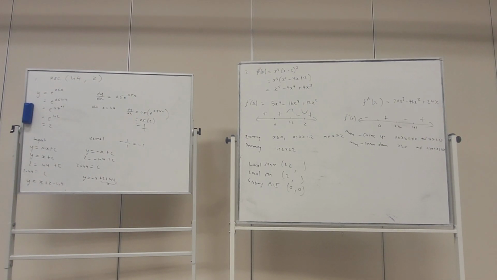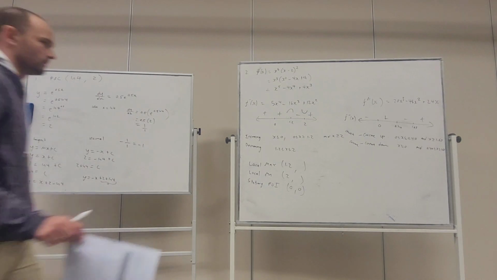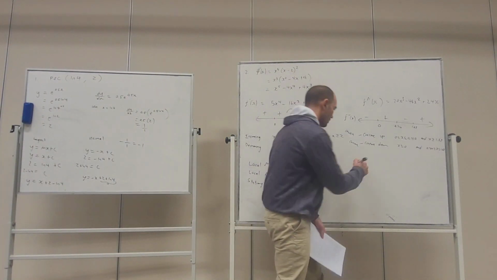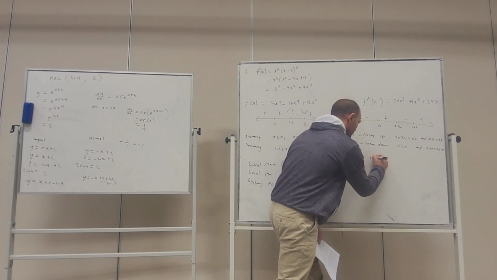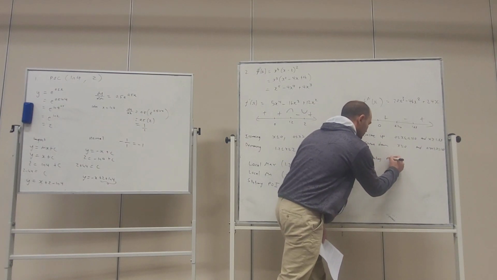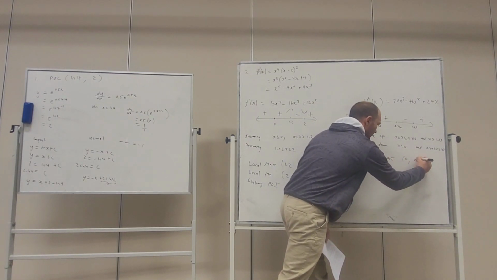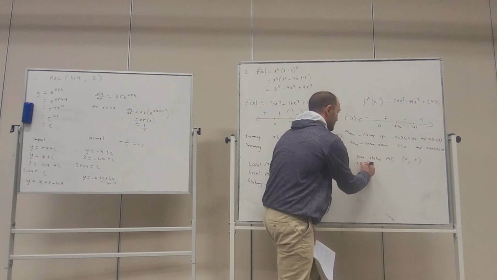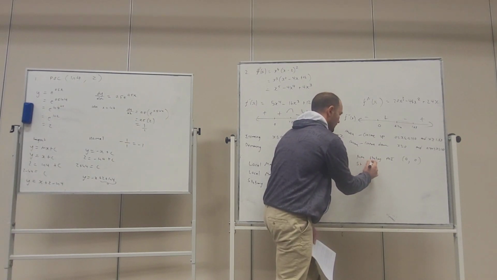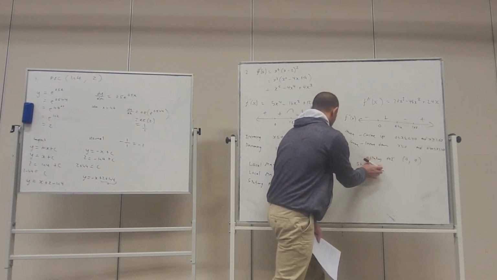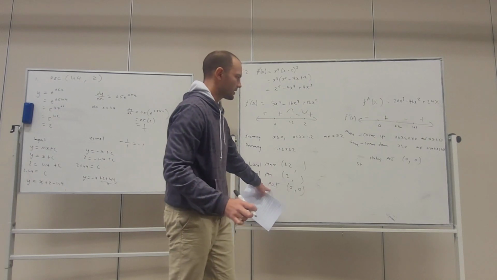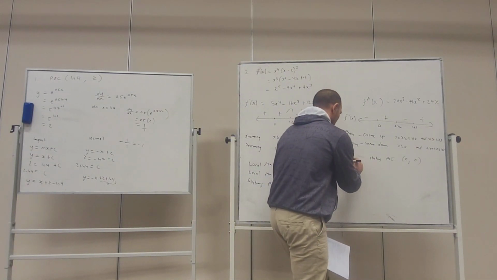Hence, state the nature and coordinates of any points of inflection. Well, we've already said there's a stationary point of inflection at 0, and we know the corresponding y value. These two are non-stationary.